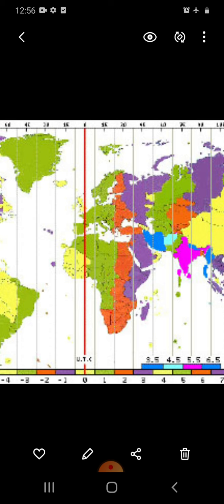That is, to cover 15 degrees of longitude from the Greenwich meridian, the time required is 1 hour. Like that, 24 time zones are calculated on the basis of the Greenwich meridian.